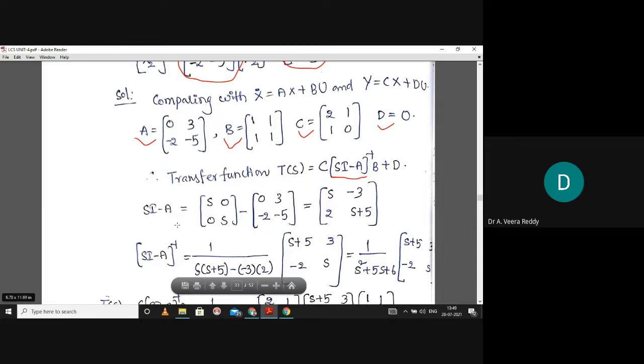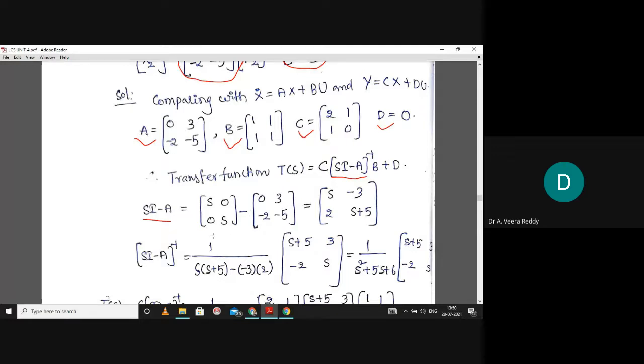First calculate sI - A, where A is the 2 by 2 matrix. So s into I, where I is the identity matrix, 2 by 2, [1 0; 0 1]. So [s 0; 0 s] minus A, that is [0 3; -2 -5].